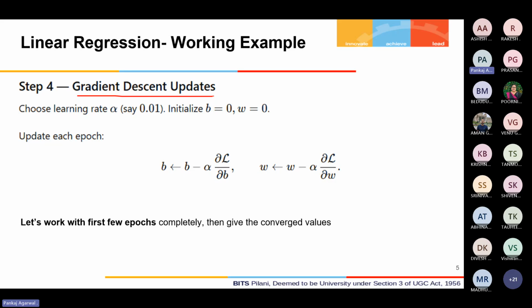Gradient descent update means that I'll choose some kind of learning rate, right? Now I'm trying to do something called, if you remember, what I spoke about when I was doing a perceptron, a learning rule. What is the learning rule?